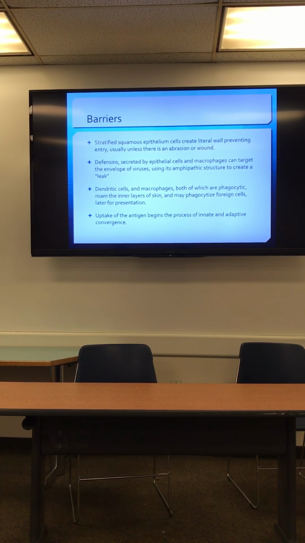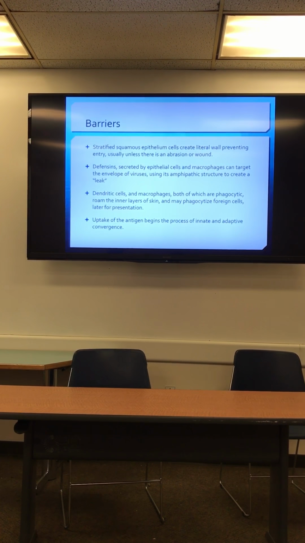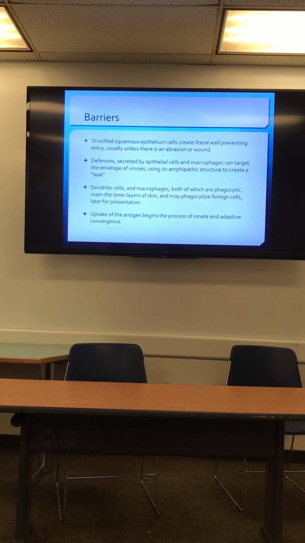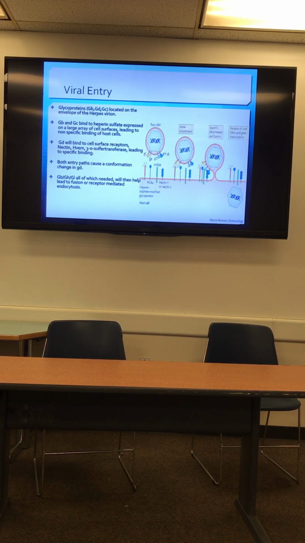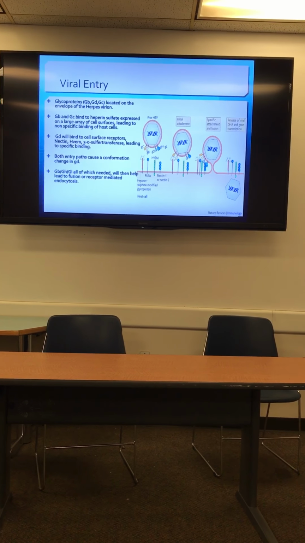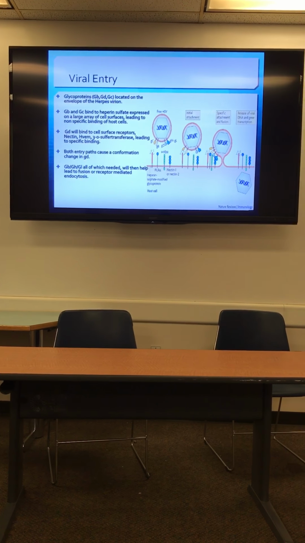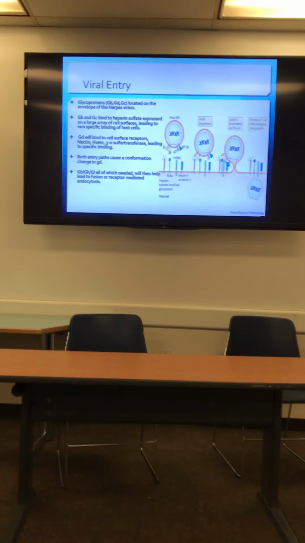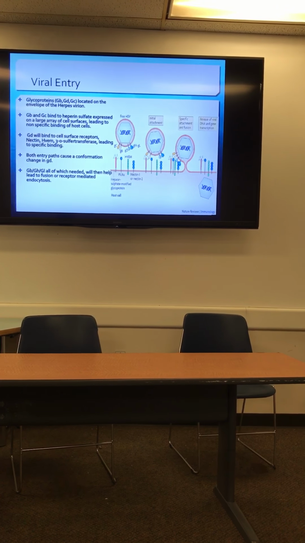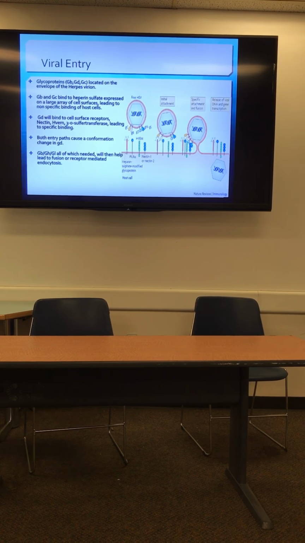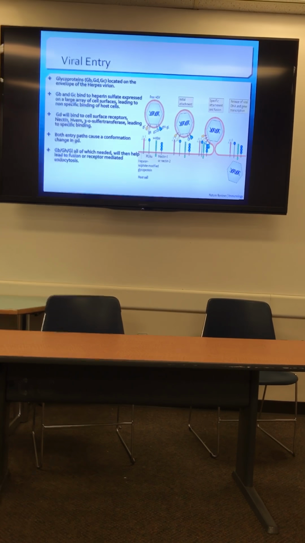And as the last point on the slide says, this is really one of the main procedures that's used to connect the adaptive and the innate immune system to create a more viable response. And so here we're going to go more specifically into the entry of the virus of HSV. And glycoproteins are going to be located, as you can see there on the graph, on the envelope of the herpes virion.